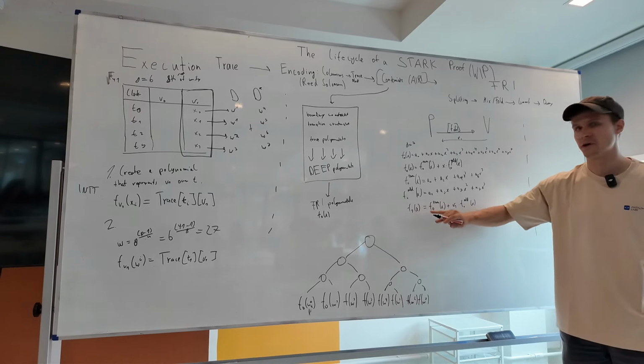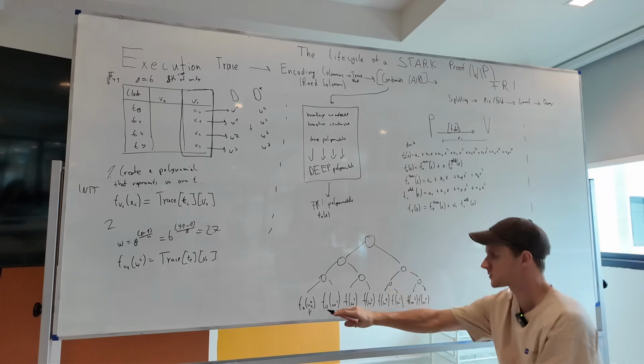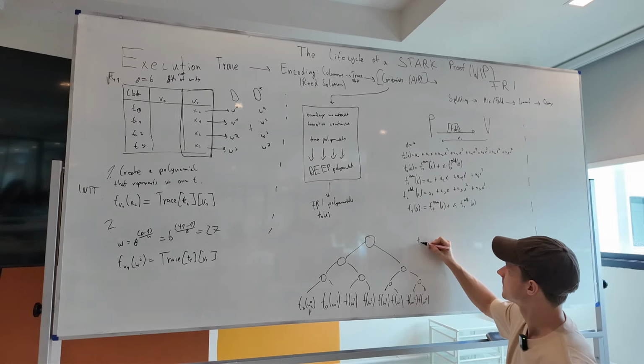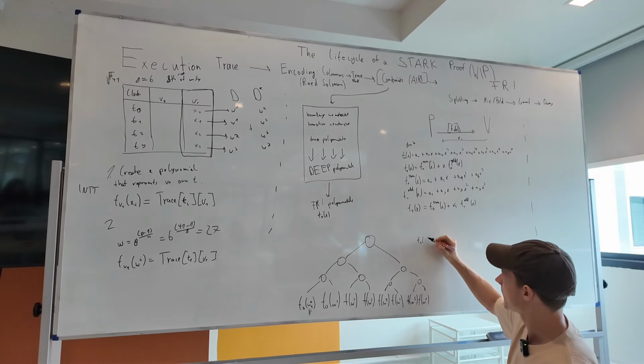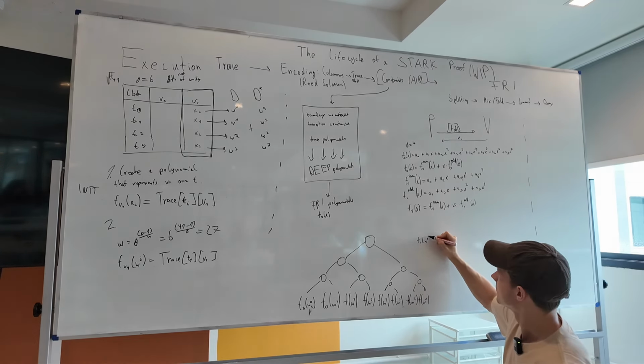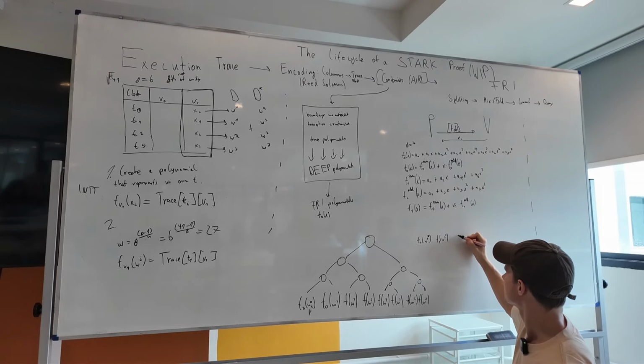And this will be our new polynomial on which we can actually make the Merkle commitment. So this one is going to look very similar, but instead we don't use f0, we use f1, and we have to also split our evaluation domain, which is actually going to look like this.